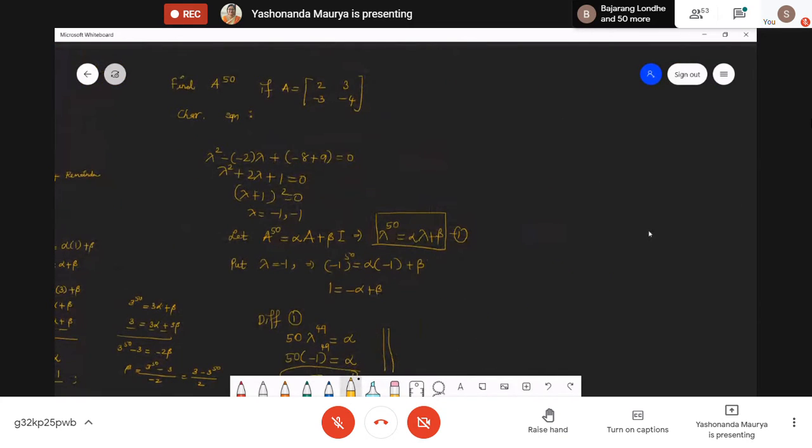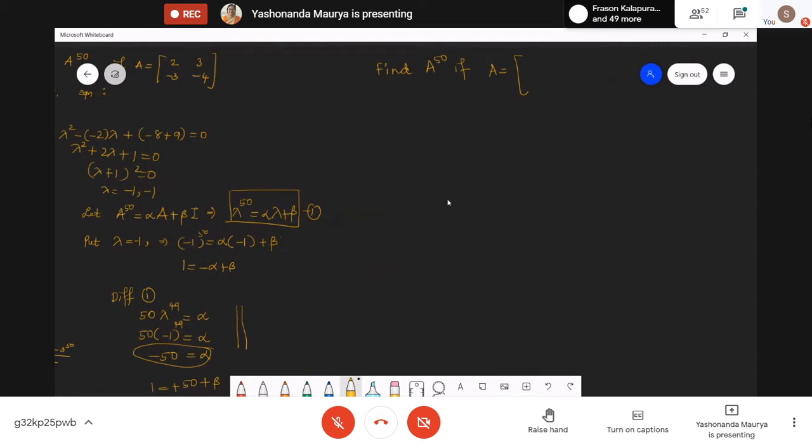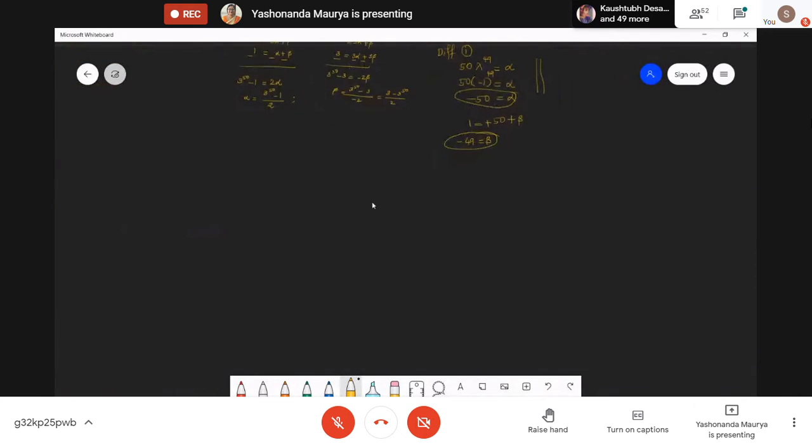One more last sum on this particular thing. Let us find A raised to 50 only. What is this A raised to 50 if A is the matrix 1 1 0, 0 0 1, 0 1 0? By the way, I have just focused only on finding the alpha and beta values.